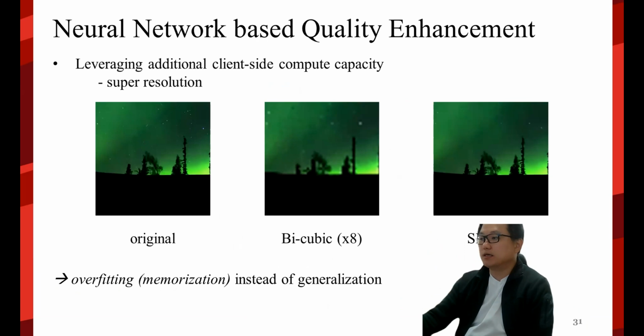If I run it bicubic, meaning I make it smaller and then amplify, the filled gap uses linear regression to fill in the in-between values. But if I'm using SR, I'm seeing something very close to the original. So I use overfitting, memorization, instead of generalization.